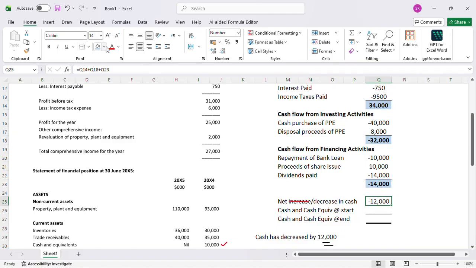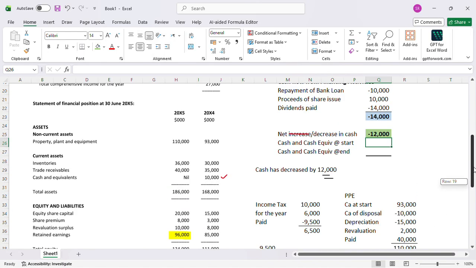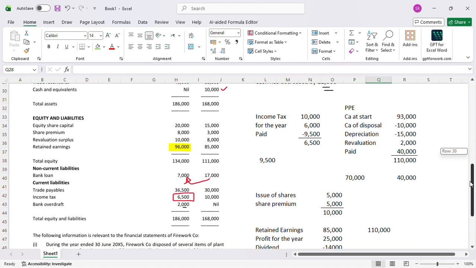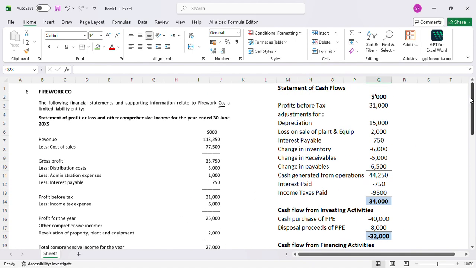And what do you know? Let's put that in green. So then you have the cash and cash equivalent at the start, which was 10,000. Let's add that in there. And when you add up these two, you end up with negative 2,000, or as you can see here, a bank overdraft. There you go.